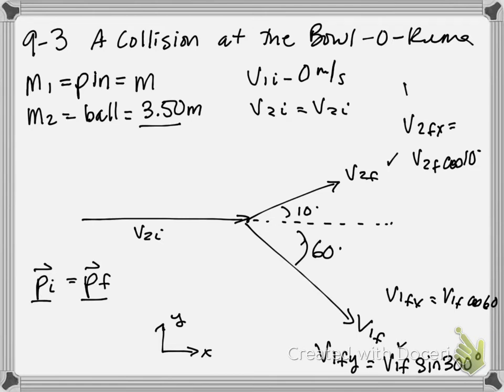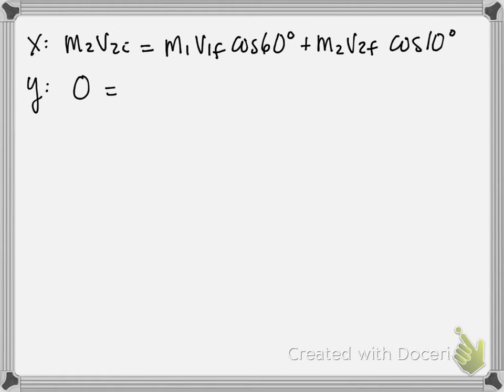And then up here we have V2Fy equal to V2F times the sine of 10 degrees, right? And that's positive, which is what we expect. So here we go again. M1 V1F sine 300 plus M2 V2F sine 10 degrees.